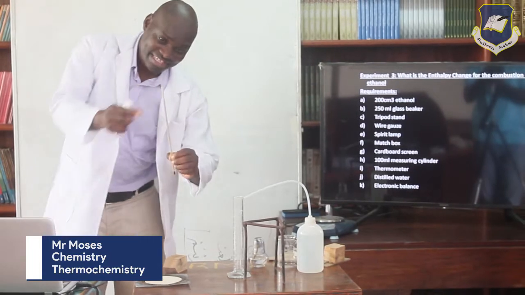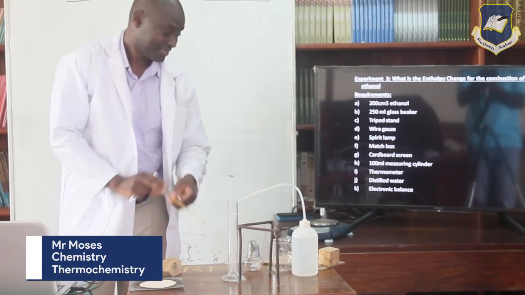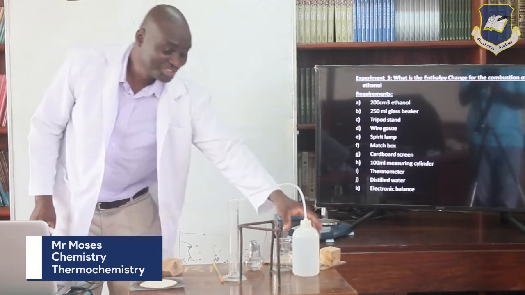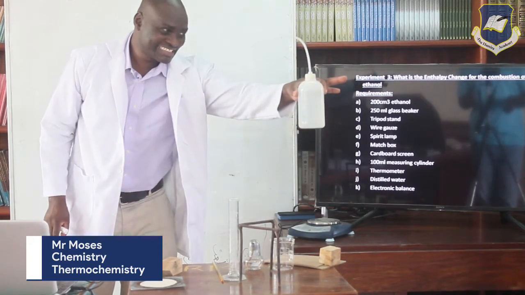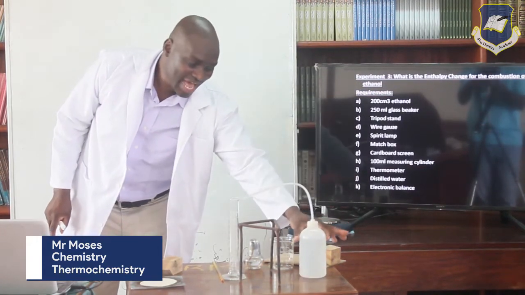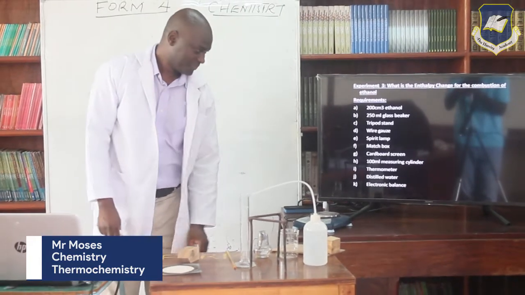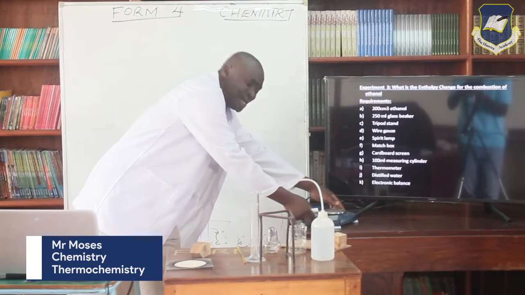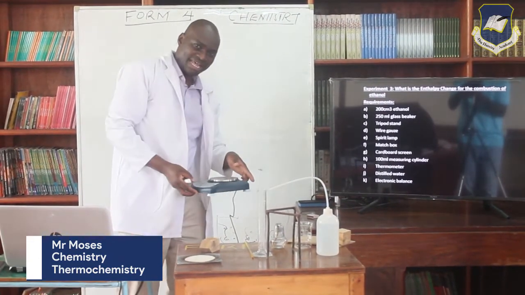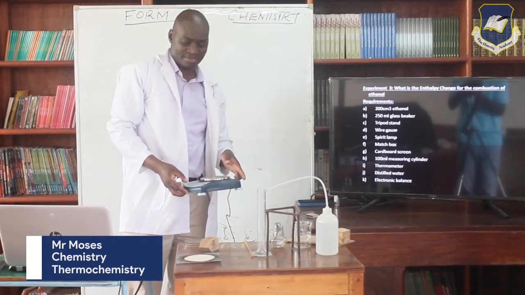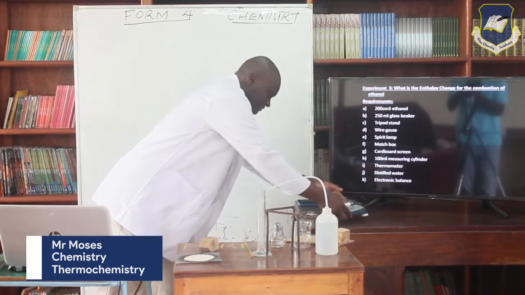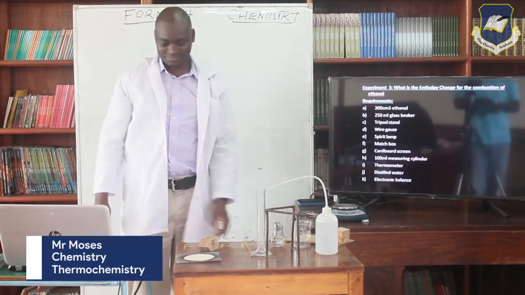Then I have my thermometer here with me. Another thing that I should also have is distilled water in a wash bottle, and then my electronic balance to measure the mass.